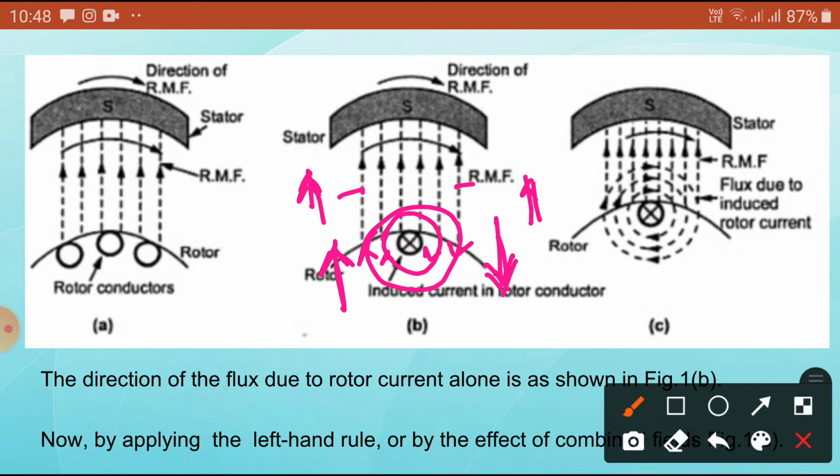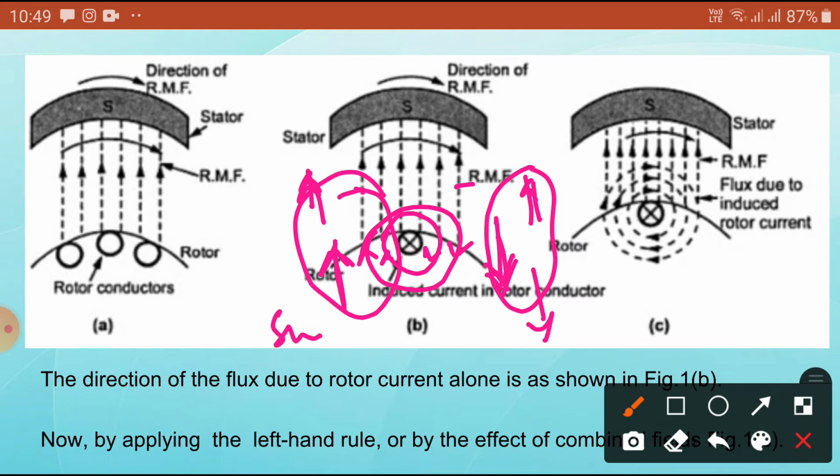What will happen? The magnetic field in this case is strengthened where the directions are the same, whereas where the stator field and rotor field are in opposite directions, they nullify each other. So the flux is weakened here and strengthened here. The magnetic lines are nothing but stretched rubber bands.